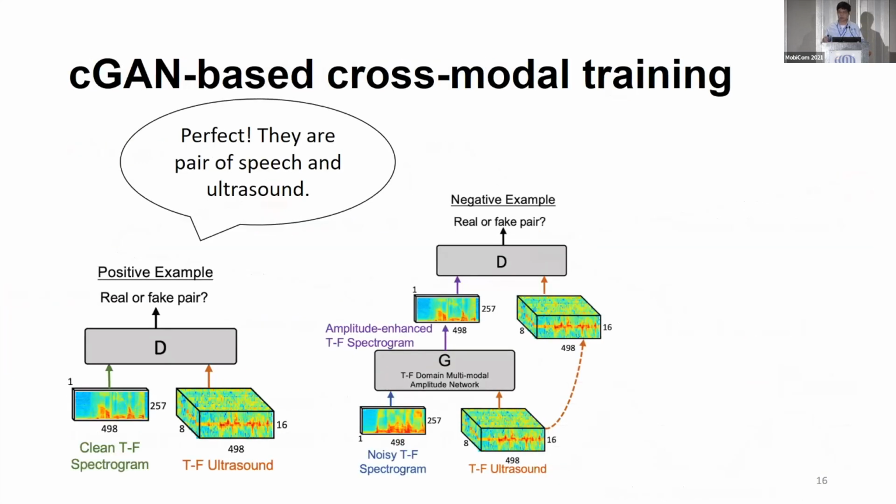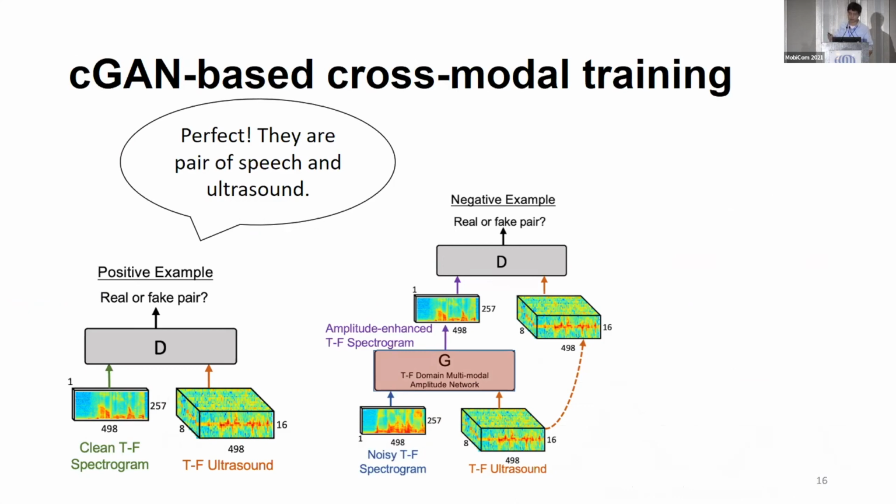And then we design a conditional GAN-based cross-modal training to help us train the model. Our previously introduced time-frequency multimodal amplitude network is considered as the generator here. It tries to generate the amplitude-enhanced time-frequency spectrogram.